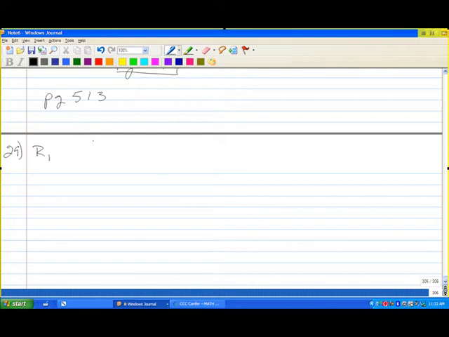Let's call this R1: 2x minus y plus 6z equals negative 5. R2: x plus 5y minus z equals 7.